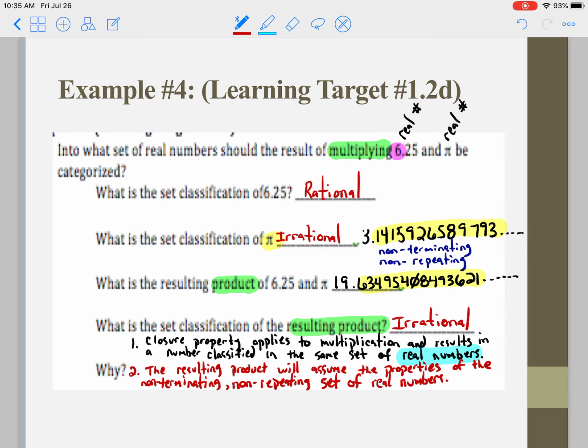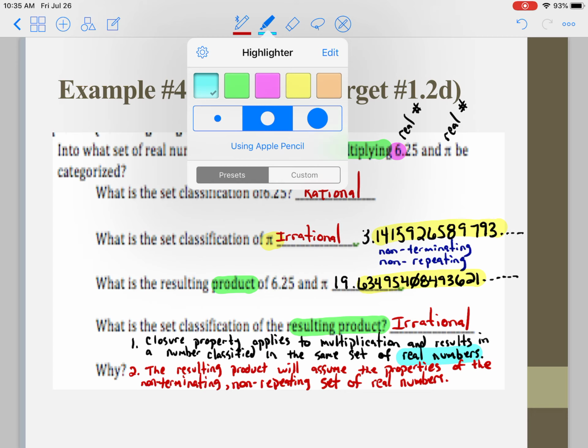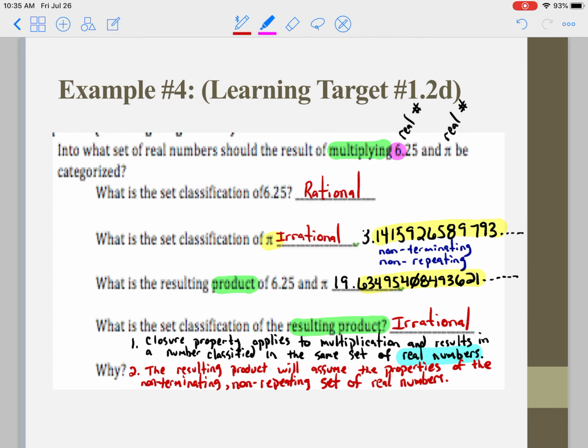Once we consider why this might be, when we think about attempting to multiply a number that terminates or repeats, in this case the 6.25.